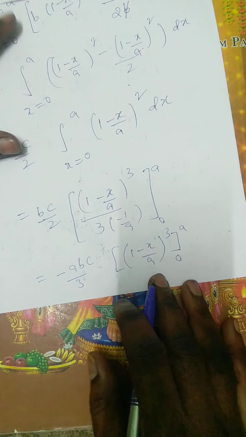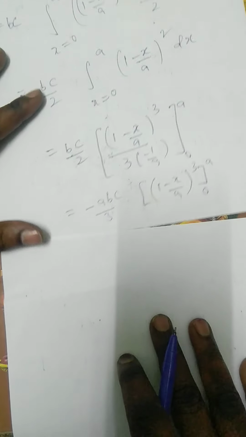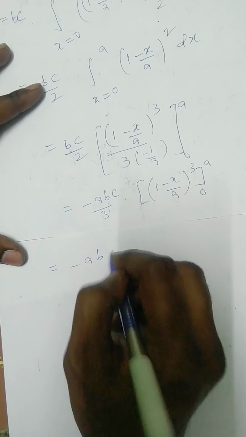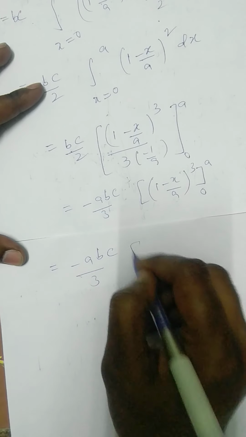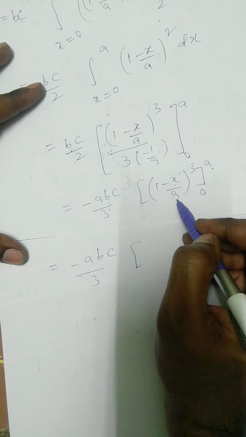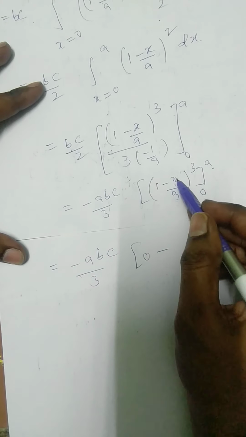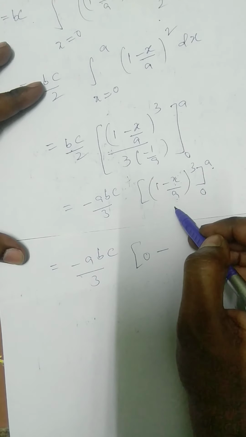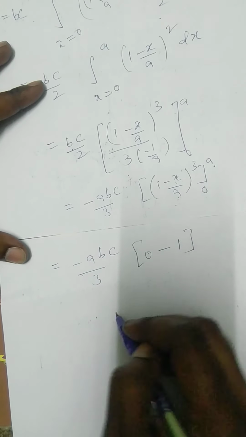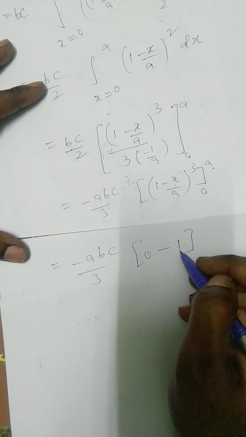That is minus ABC by 3. If I replace x equals a, a by a is 1, 1 minus 1 is 0. 0 minus, put x equals 0: 0 by a is 0, 1 minus 0 is 1.